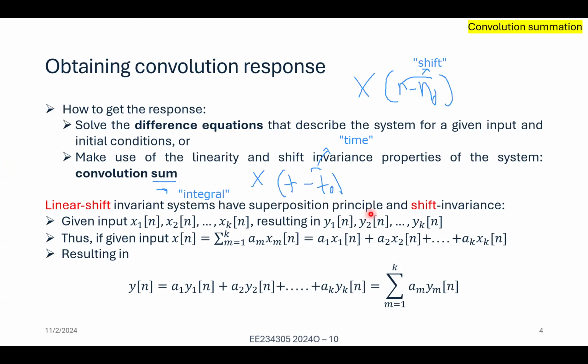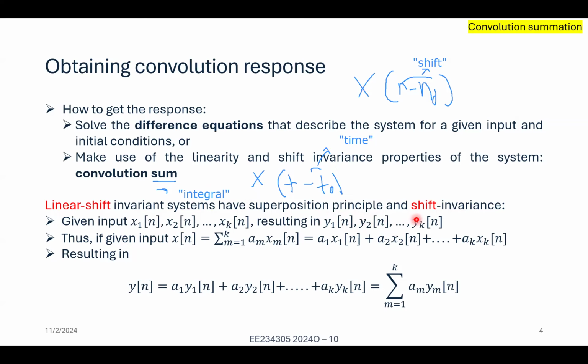Now linear shift invariant systems have a superposition principle and also shift invariance. Superposition principle here is the same as the linear part of the continuous LTI system. So if we have the input x1, x2, up to xk at time n, then it results in y1[n], y2[n], and yk[n].